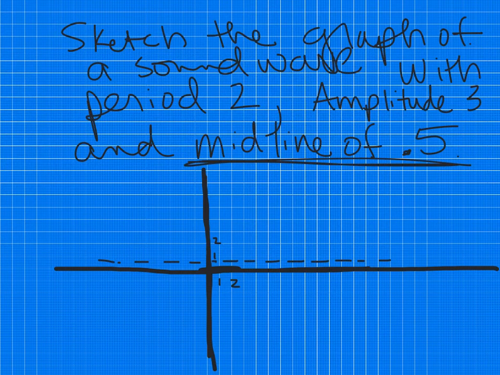All right, then you're going to want to figure out, based on the period, mark out your period. So if we're starting at 0, sort of make these intervals that are 2 units long.